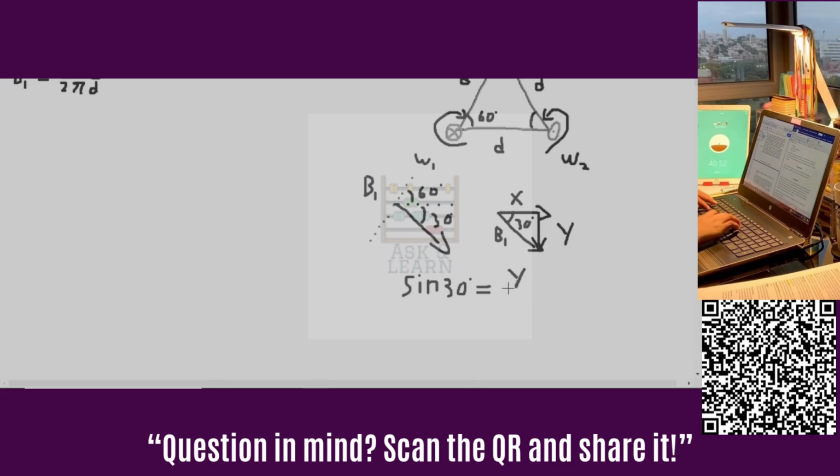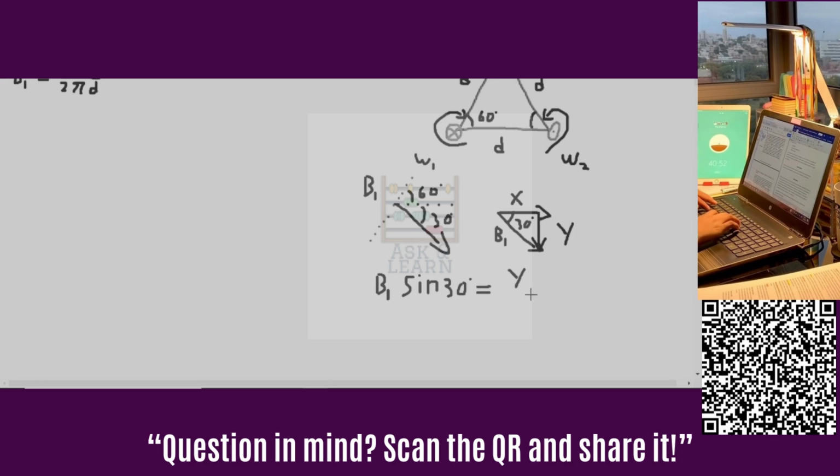Or we can just move the B1 to the other side. So our Y is equal to B1, the value we calculated for this direction, times sine of 30 degrees. That gives you your Y value.